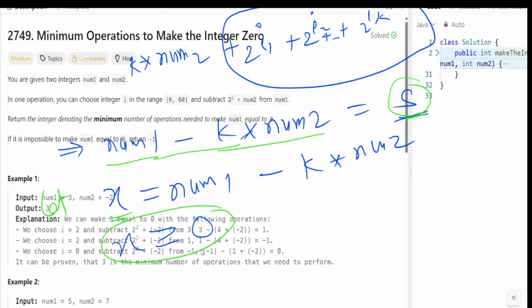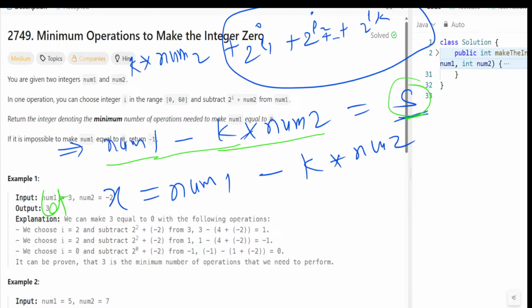So it should always be greater than or equal to 0. No need to write it, but we should understand it.